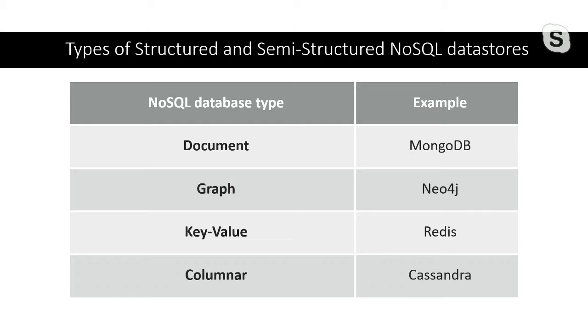An example of that would be document type NoSQL databases. MongoDB is a great example of one that is widely used. You have graph databases; Neo4j is a popular one. You have key value stores.